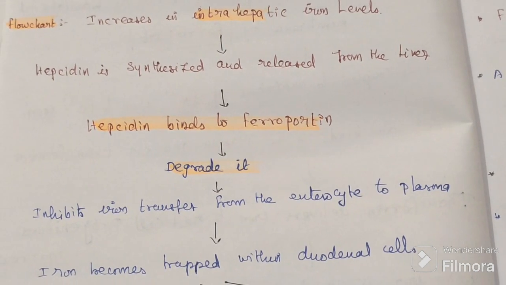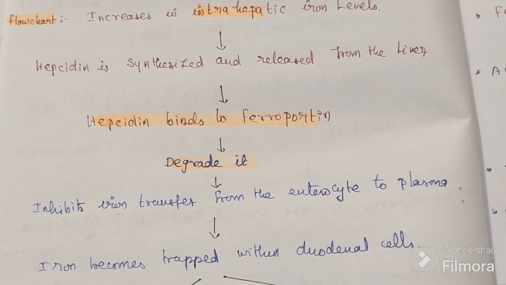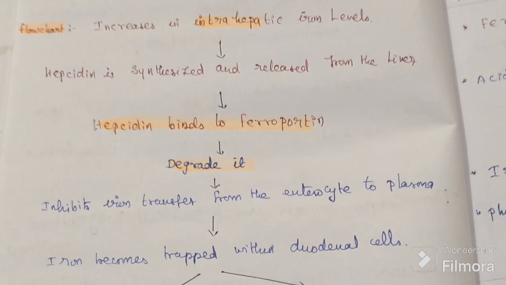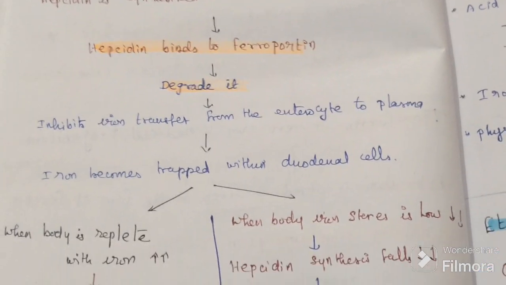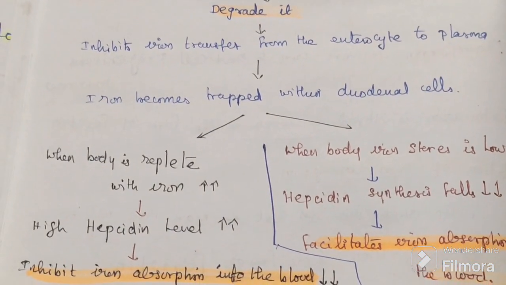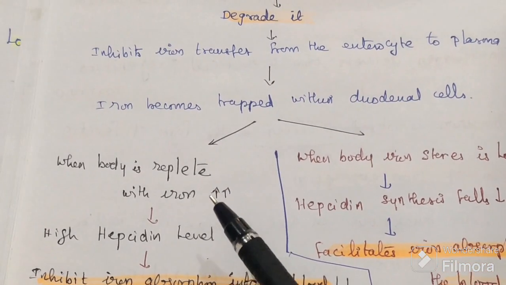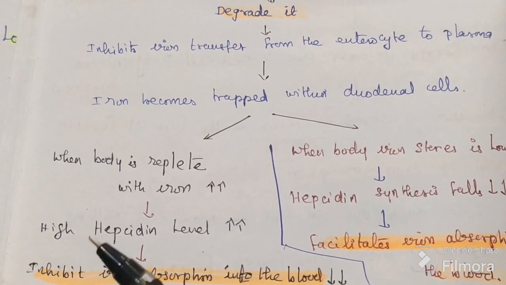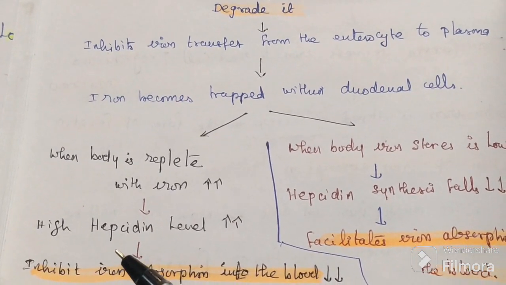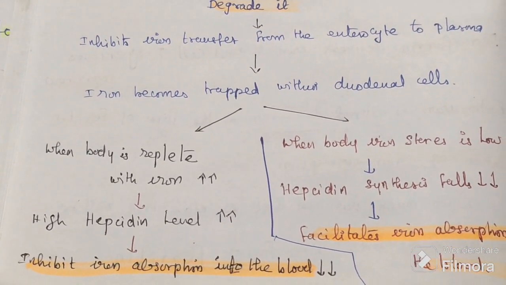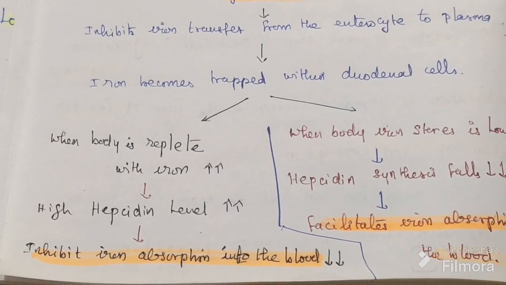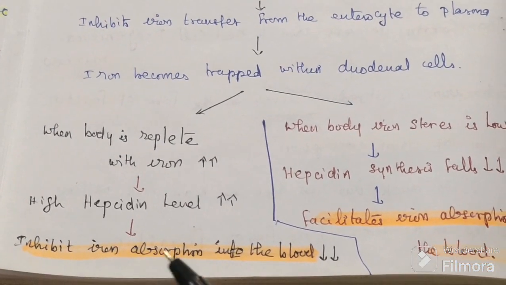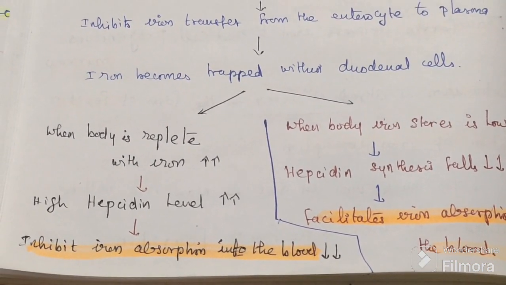So this is the complete absorption and regulation of iron. Whenever the body has excess iron, more hepcidin will be formed, and it will inhibit iron absorption.